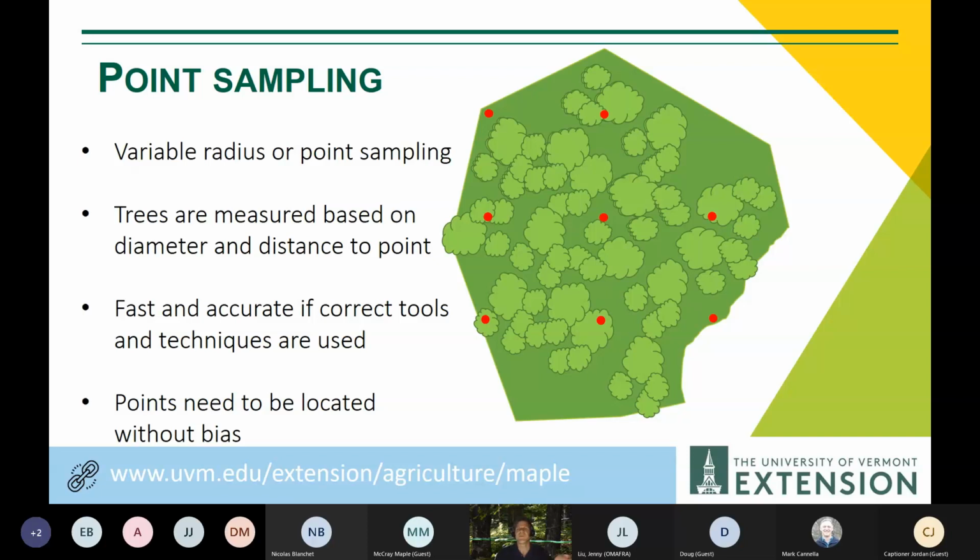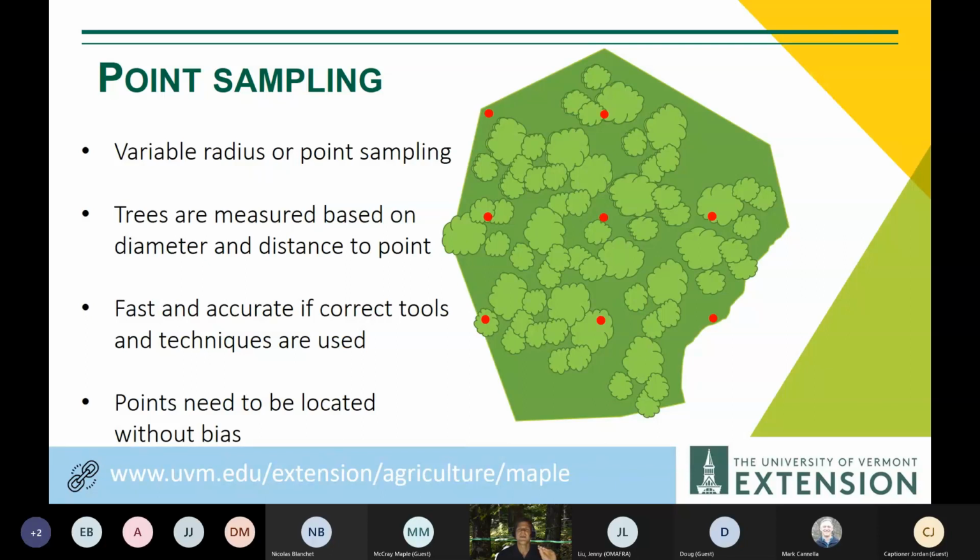And as much as we think we can control our bias, it's difficult. And so using some of the free software that's available to randomly put points down on your property map, that can help you eliminate some of those biases.